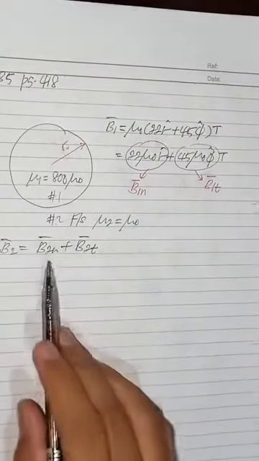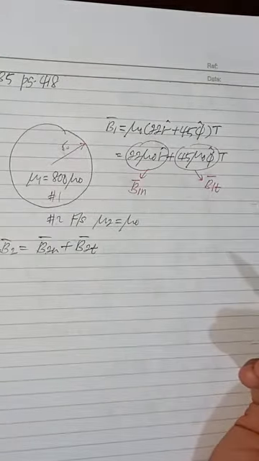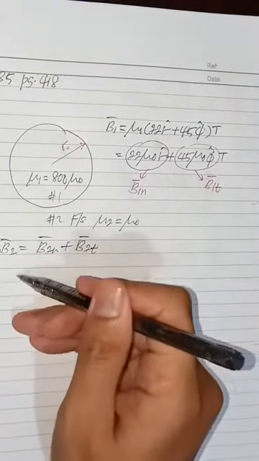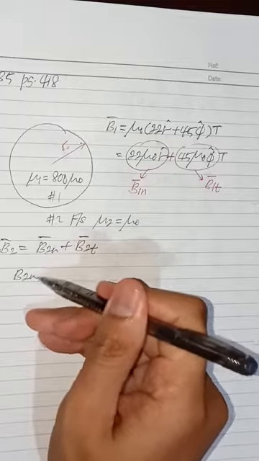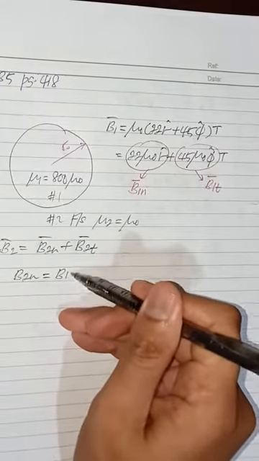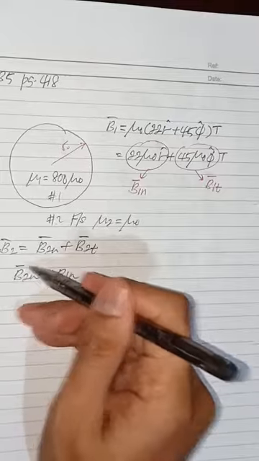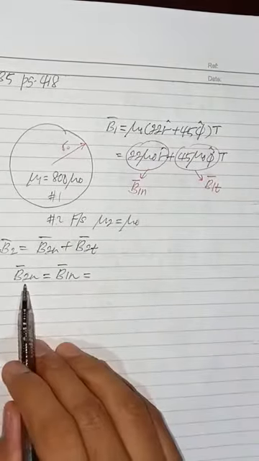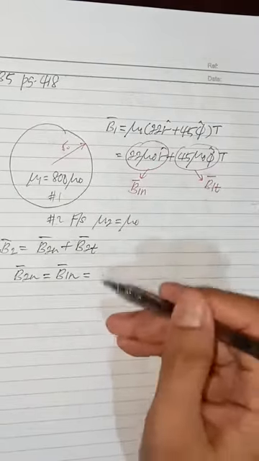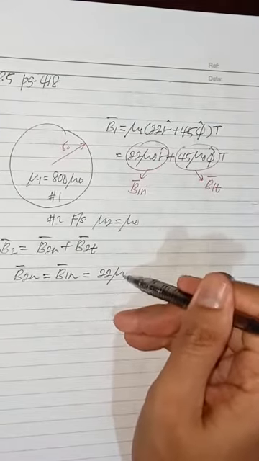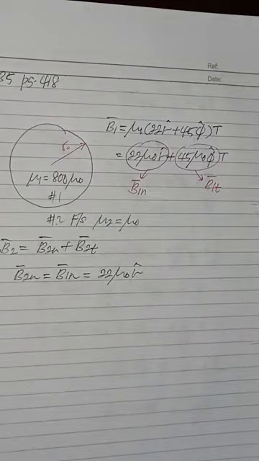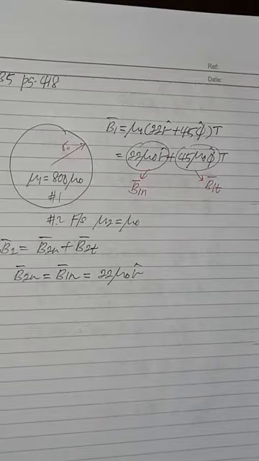To find the normal component, we can simply use our first magnetic boundary condition equation, which can be expressed as B2n equal to B1n. We obtained this earlier, so B2n equals directly 22 mu naught r component. That's our B2 normal component.